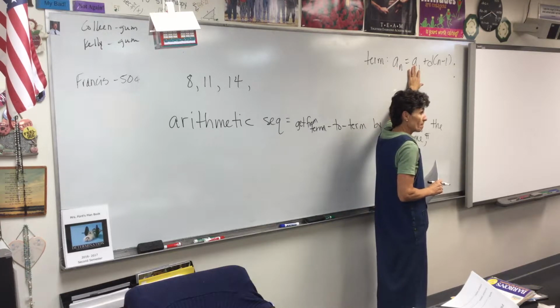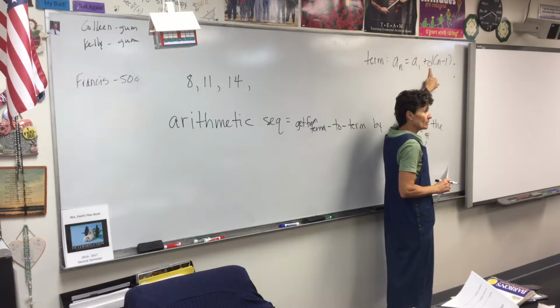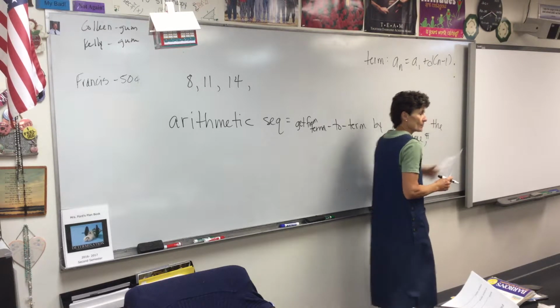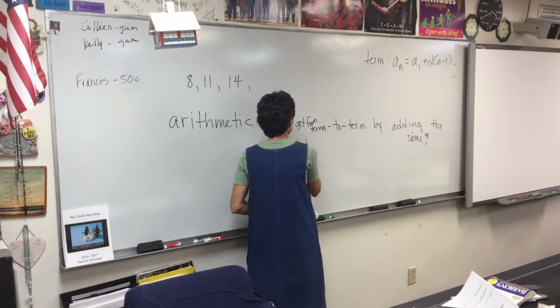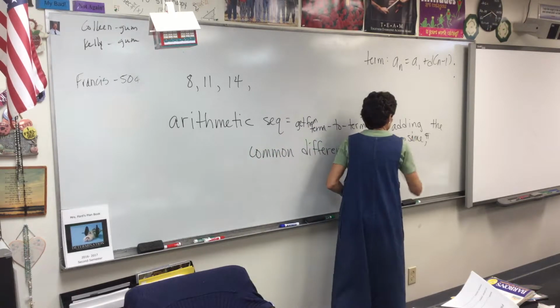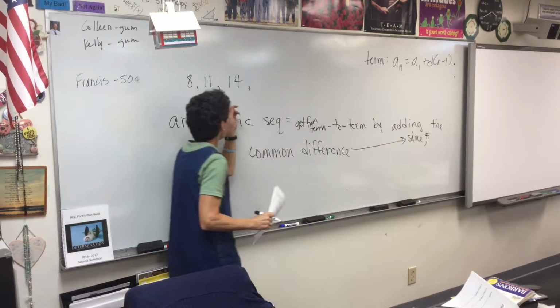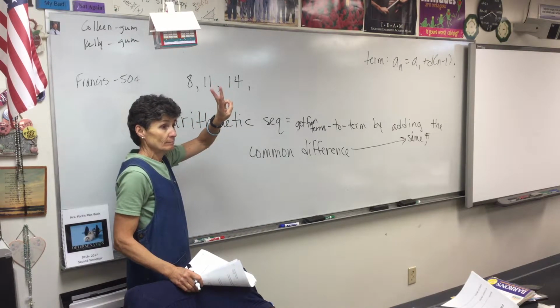What's a sub 1? First term. Uh-oh, this is new. What do you think the D stands for? What you're adding. It's called the common difference. And it is the number that you are adding. So in our problem, D is 3.